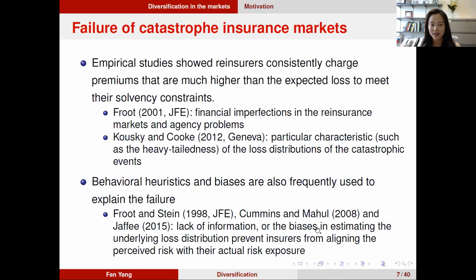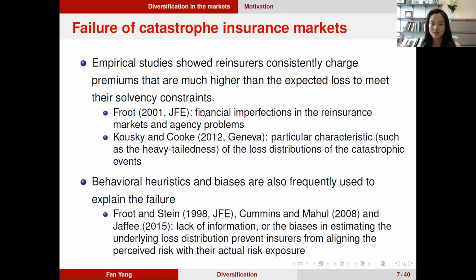Also there are problems in estimating the underlying loss distributions. All of these problems prevent the insurer from underwriting a good insurance contract. Especially if there is loss risk aversion, this will also prevent them from participating in the market.